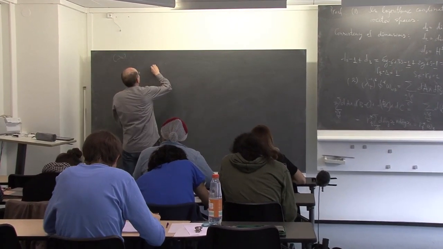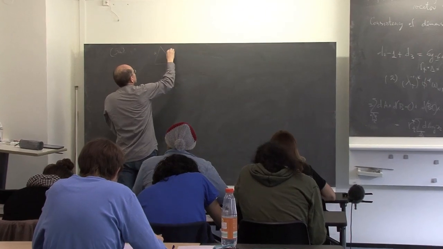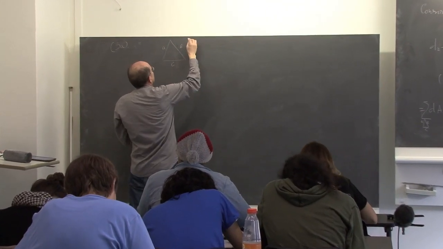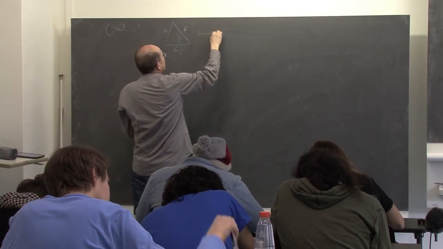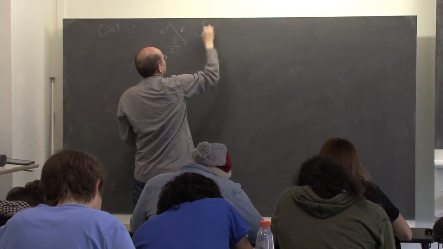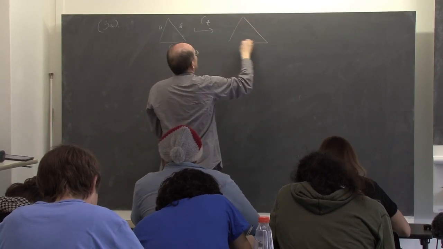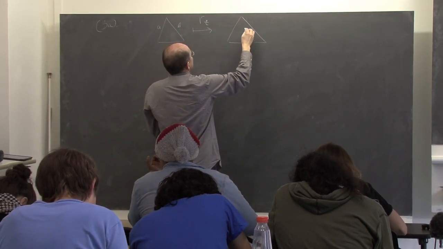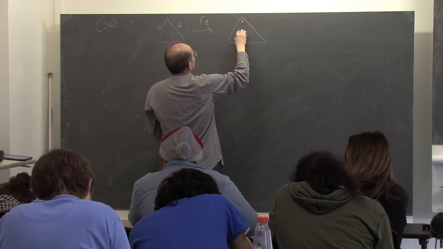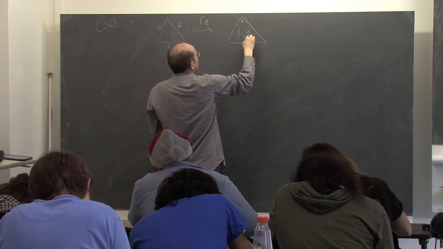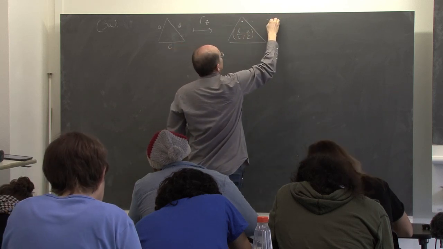So what do we have? We have here ABC. So we go either by R tau dot from here, which is B over C, A over C. So this is a tau dot.